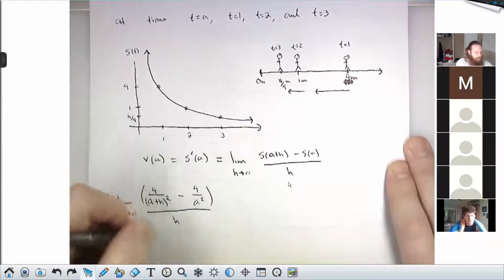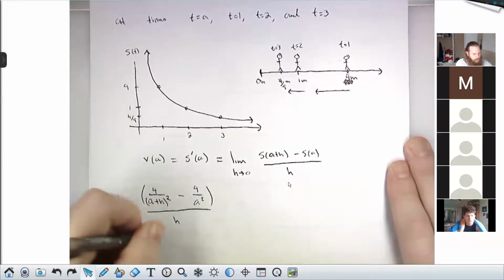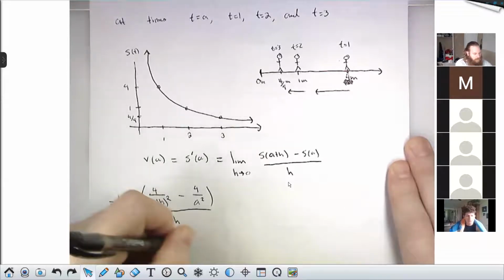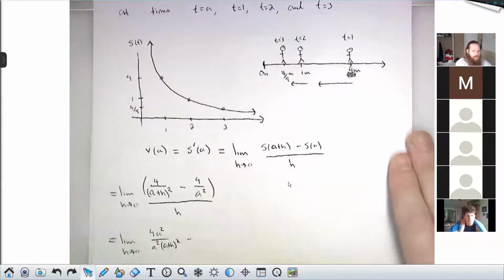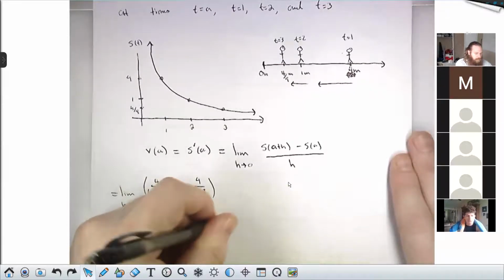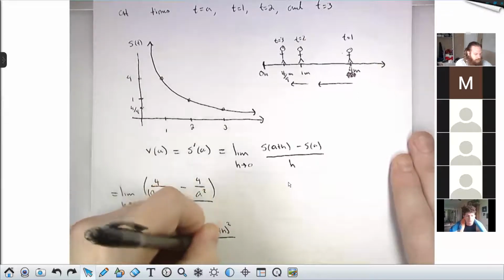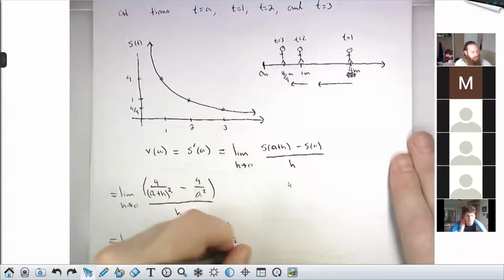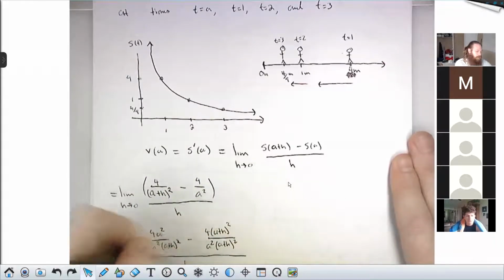So I'll multiply this by a squared over a squared and get 4a squared over a squared times (a plus h) squared. Minus, I'll multiply this by (a plus h) squared over (a plus h) squared, and I'll get 4(a plus h) squared over a squared times (a plus h) squared. And all of this is still being divided by h.